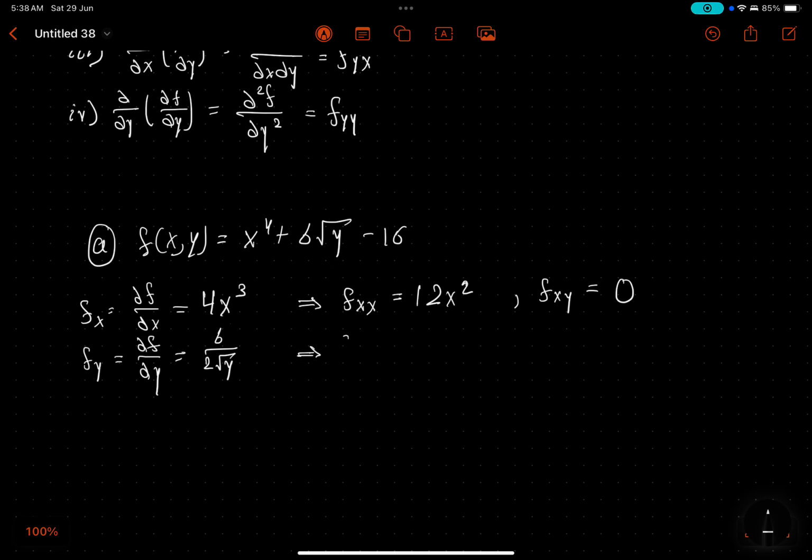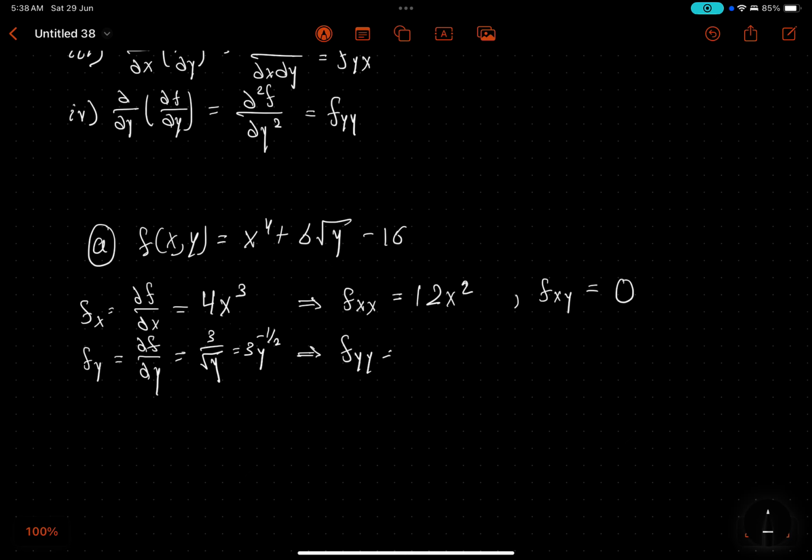Now from this we can get fyy, which is basically, if we rewrite this, it can be written as 3 over square root of y, which is basically 3y to the negative 1 over 2.